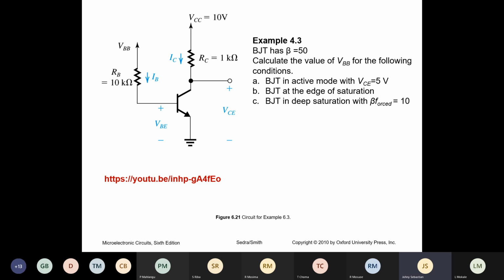Now, what is the value of beta? Given in the question, it is 50. Now work out the base current, IB. IB equals IC over beta, which is 5 milliampere divided by 50.